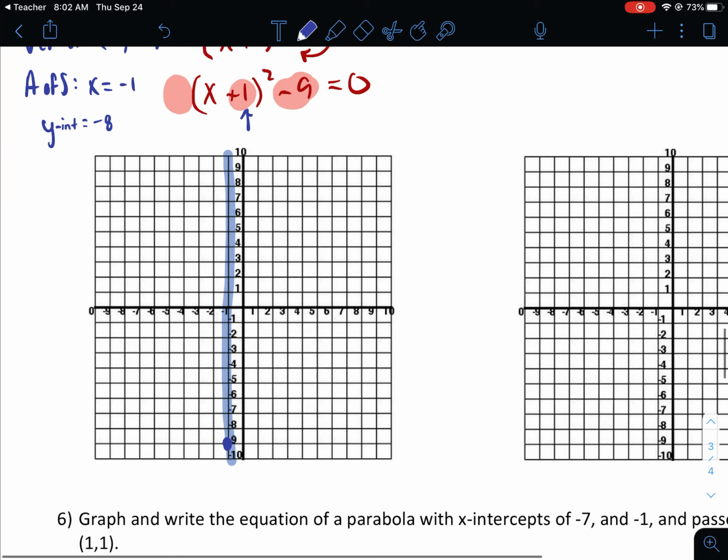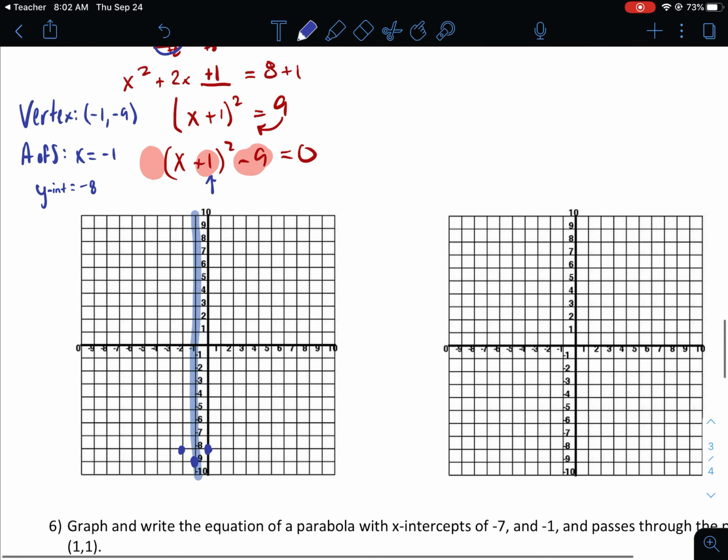So I can go here and say, okay, -8 is my y-intercept. Now, because of the rules of symmetry with parabolas, I know that this is symmetrical. So if I have 1 right here, then I will have a matching 1 right there. And all you need are 3 points to graph this parabola. And so you just go something like this.